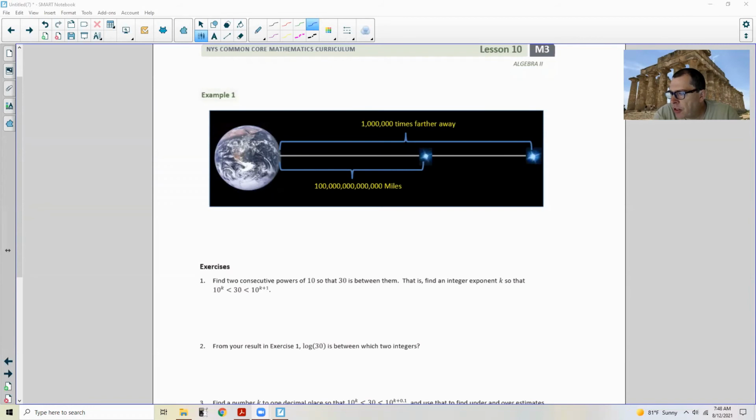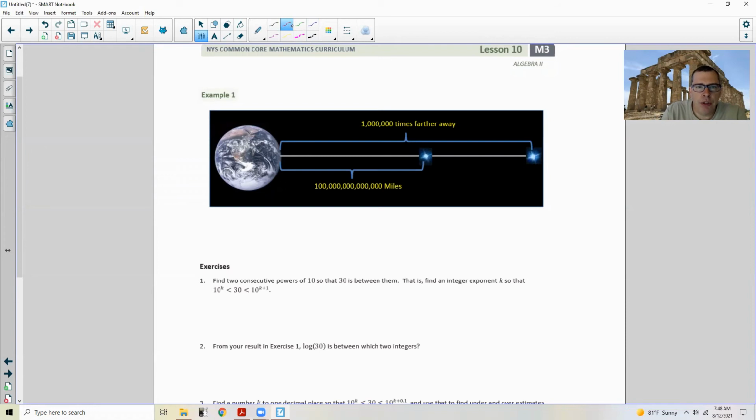A second star is collinear, meaning on the same straight line, with the first star and Earth, and is 1,000,000 times farther away from Earth than the first star, as shown in this diagram. How many miles is the second star from Earth? Notice that this is not drawn to scale.